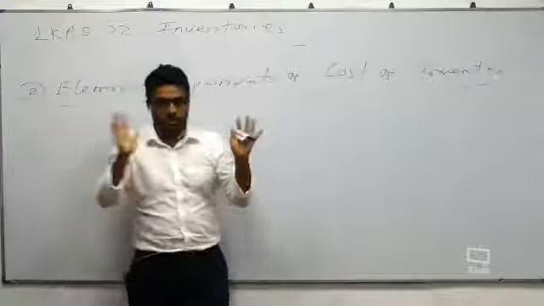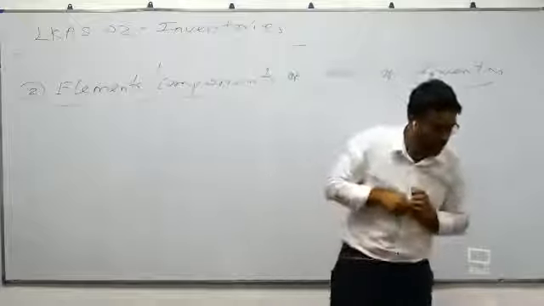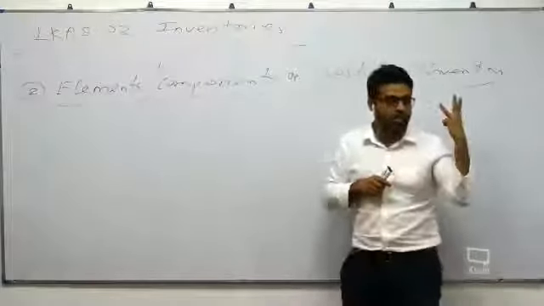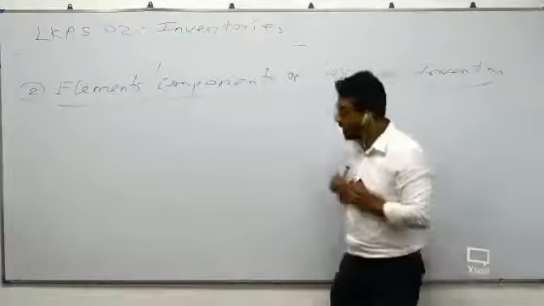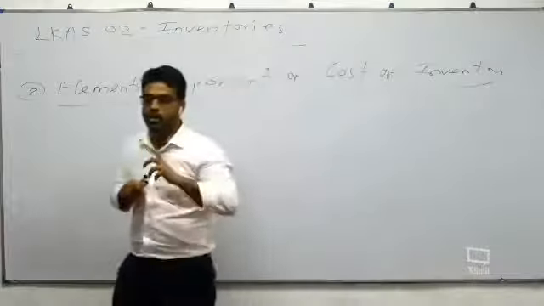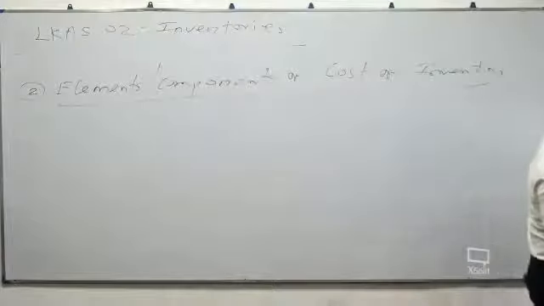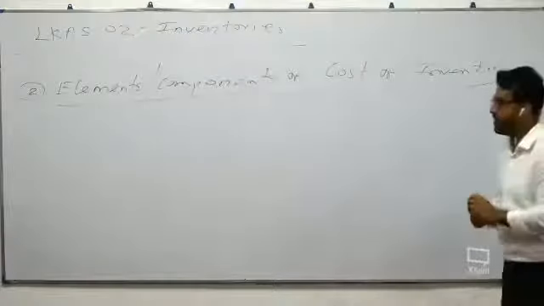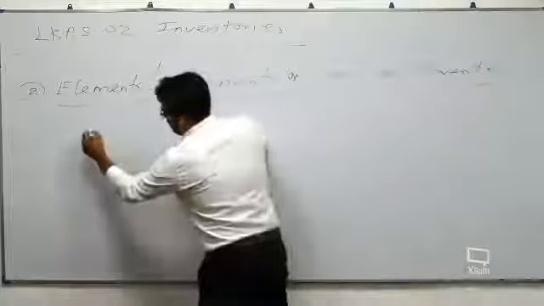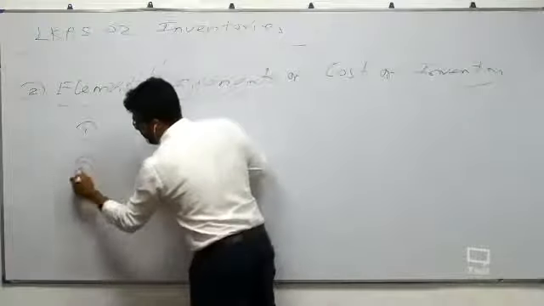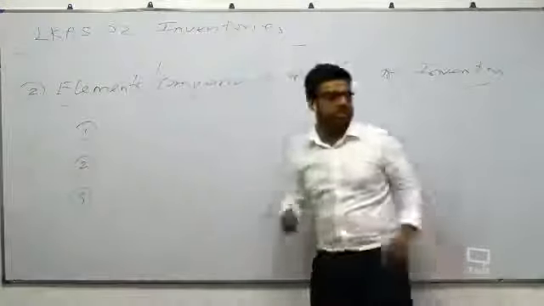Don't just memorize. Everyone tell me, cost of inventory, how many components? 3 components. Very good. What are the 3? Write it down, all the students. Following are the components of cost of inventory.